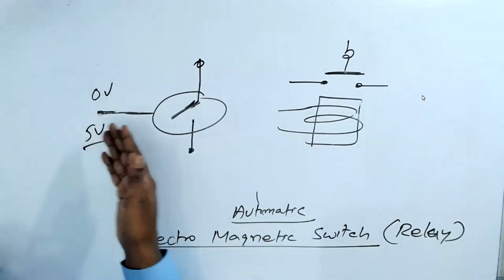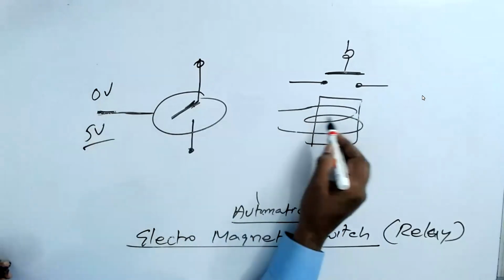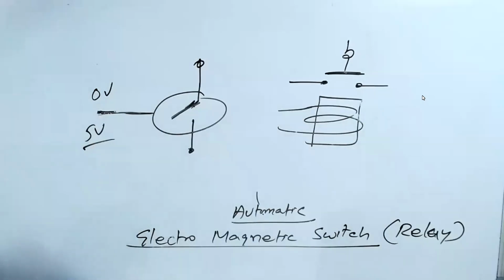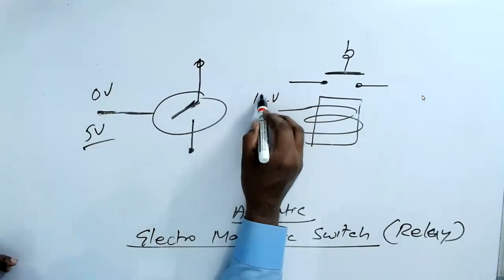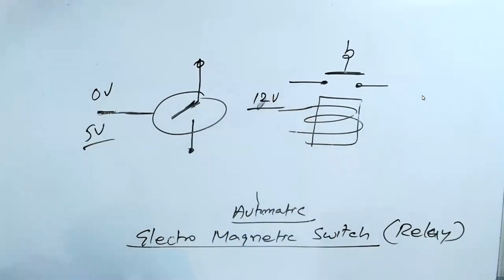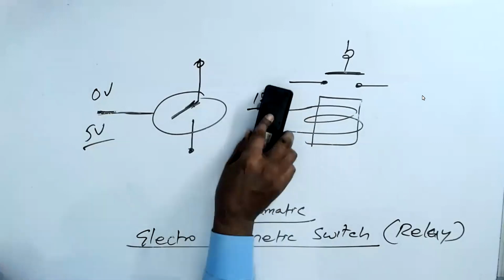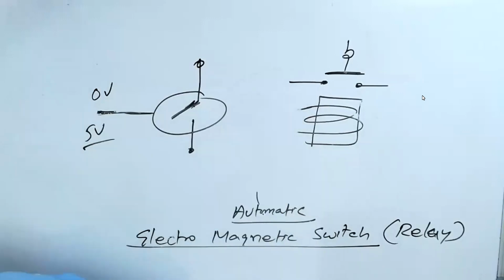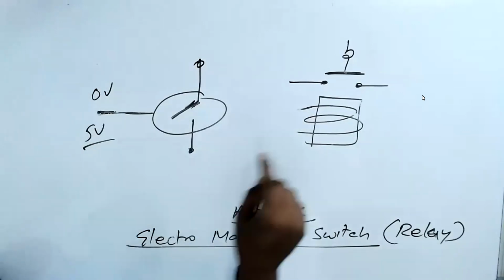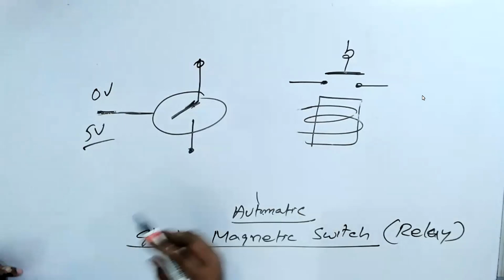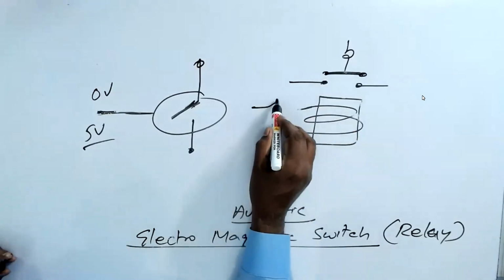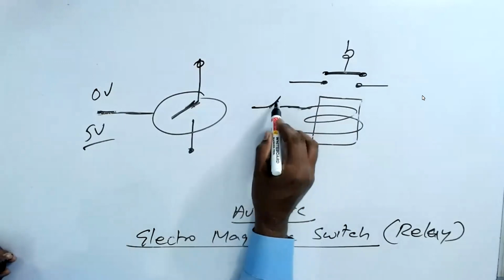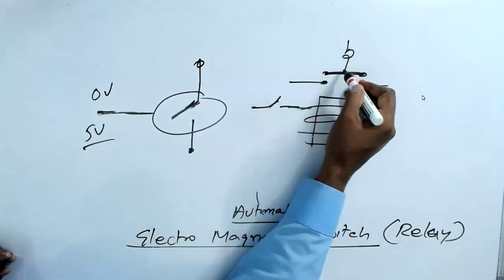The control can be anything. This coil can be anything. Generally in the market, people use 12 volt, not 5 volt. 12 volt is a very famous one used by the industry because that will give you more magnetic power. The problem is this. This is all mechanical. When I on the switch here, this spring has to be pulled and get connected.